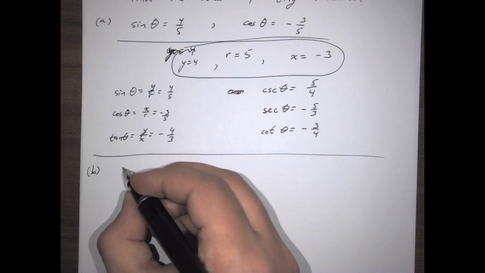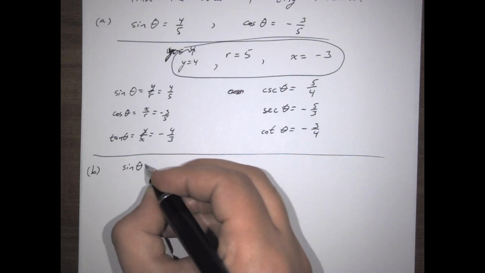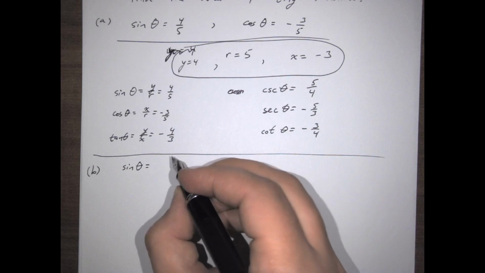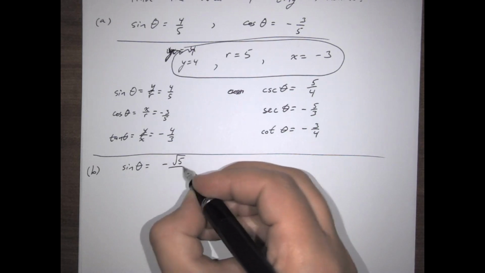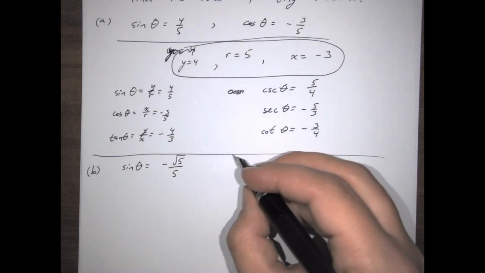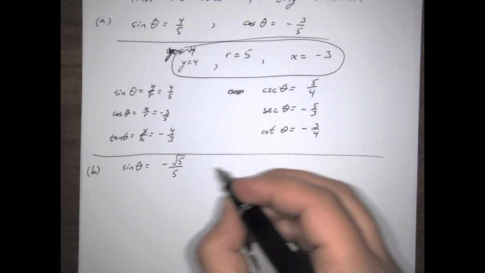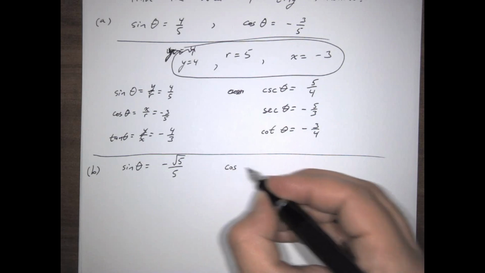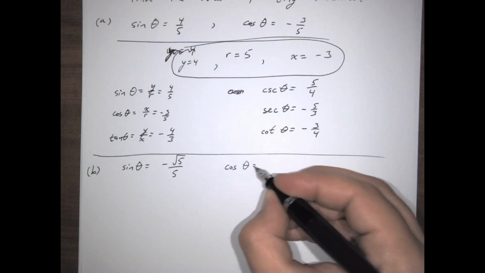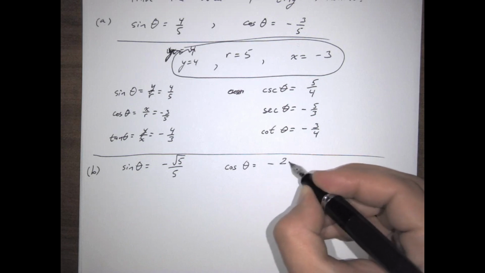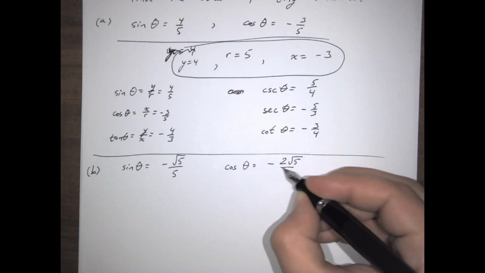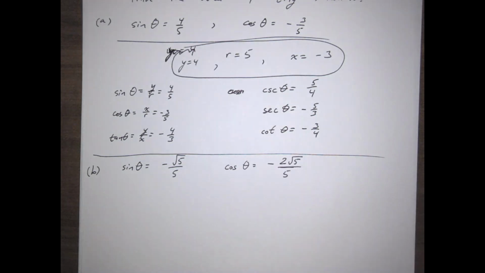We could do sine theta is equal to something like negative root 5 over 5, and cosine theta is equal to something like negative 2 root 5 over 5.